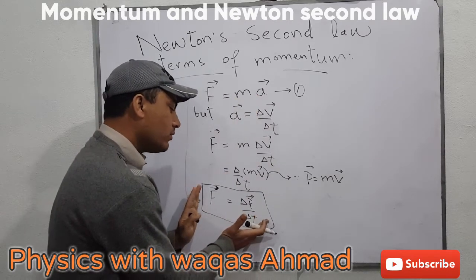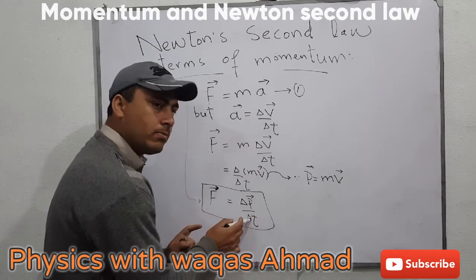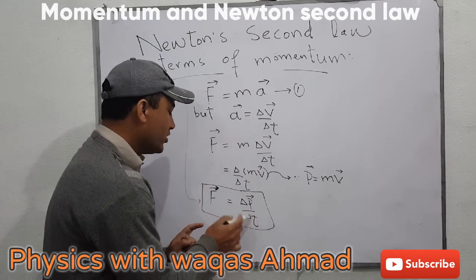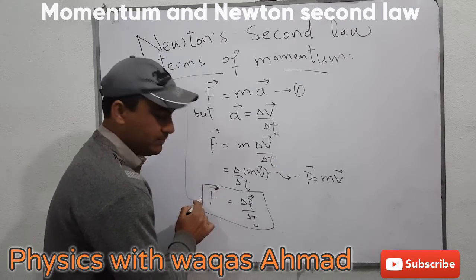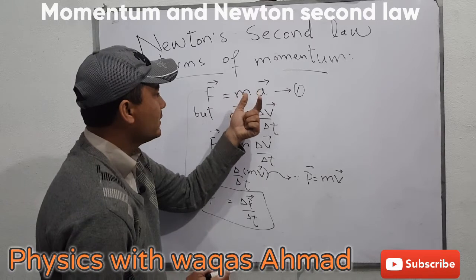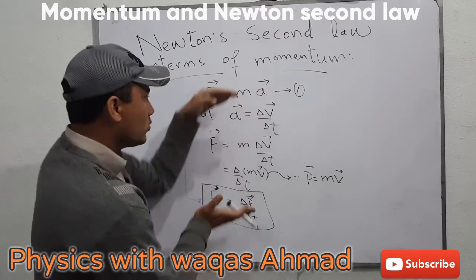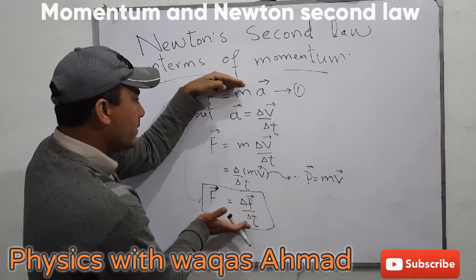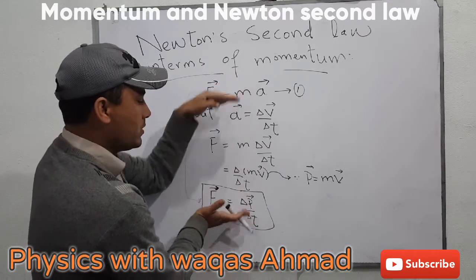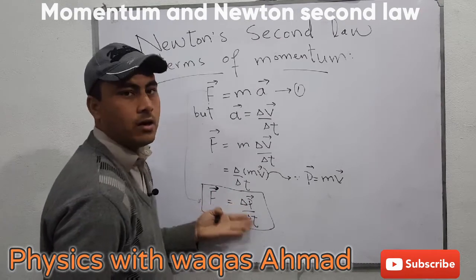So this final result tells us that the rate of change of momentum is equal to the applied force, and this equation tells us that the product of mass and acceleration is equal to the applied force. So these are the two different forms of Newton's second law. This one is called Newton's second law in terms of momentum.